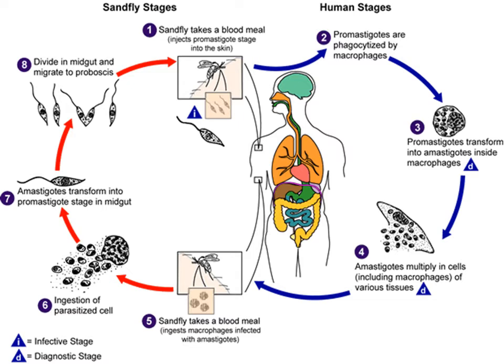Then the amastigotes multiply within the cells, including the macrophages of various tissues. When the sandfly takes a blood meal, there is ingestion of the parasitized cells, and in the seventh stage the amastigotes transform into the promastigote stage within the midgut of the sandfly, where they divide and migrate to the anterior gut.